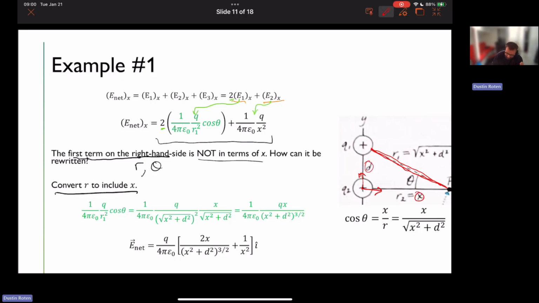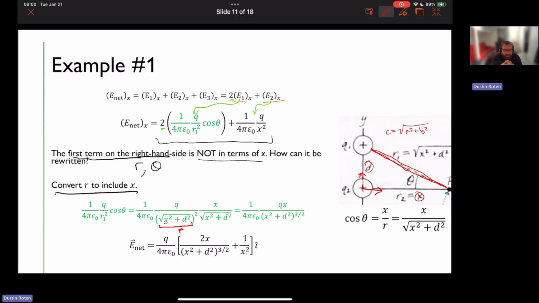We know the other side is x. Why don't we just calculate the length of the hypotenuse? Because this is literally just the Pythagorean theorem. C equals the square root of a squared plus b squared. Let's just use that instead. So we can replace r with the Pythagorean theorem, and that's going to actually give us an x here. So that took care of one term.